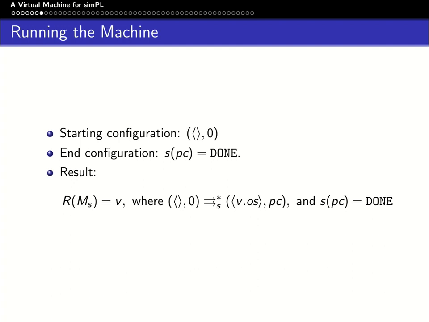The transition relation of the machine is the relation that executes one instruction, so executing all possible instructions until we are done. At that point, whatever is at the top of the stack should be this V, and this V is considered the result of the machine. Is everybody comfortable with this?